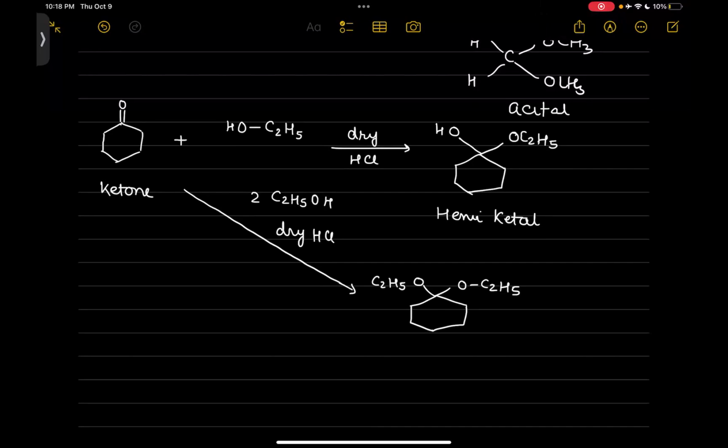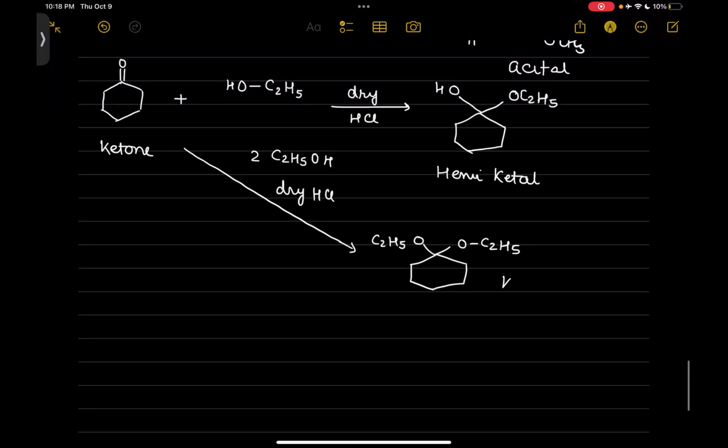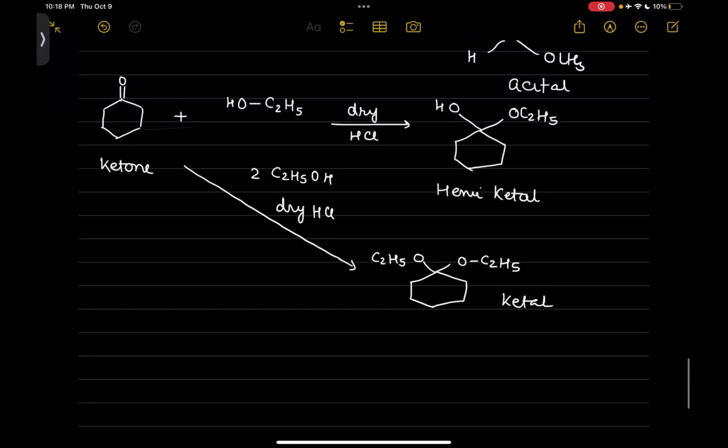We are going to get OC2H5. Getting my point or not? Okay, so this is a ketone. From a ketone, you can get either a hemiketal or a ketal. If you put 1 mole of alcohol, one OH will still be there, that is hemiketal. And if you react with 2 moles of alcohol, that will be ketal. Got it?